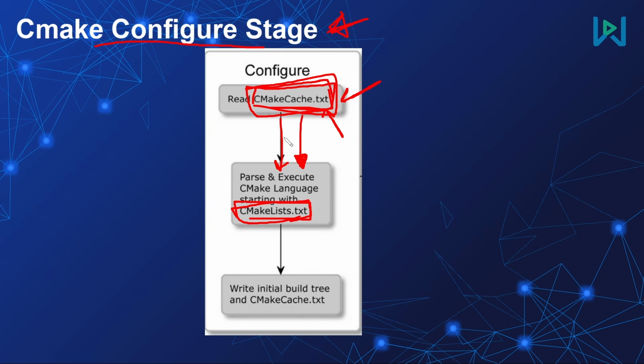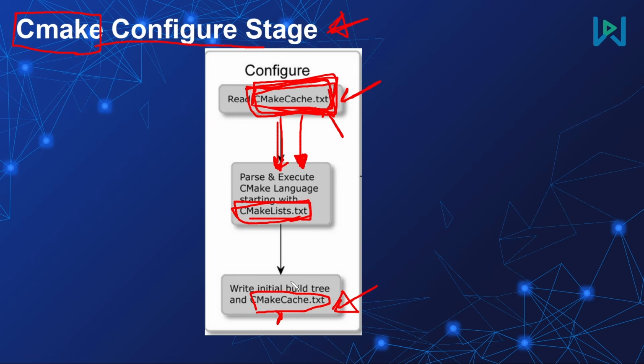Now, once done, this CMake cache either will be updated if it does exist once we start our CMake build flow, or it will be created from scratch if it doesn't exist. And this one will contain and embed some internal representation that CMake can understand.